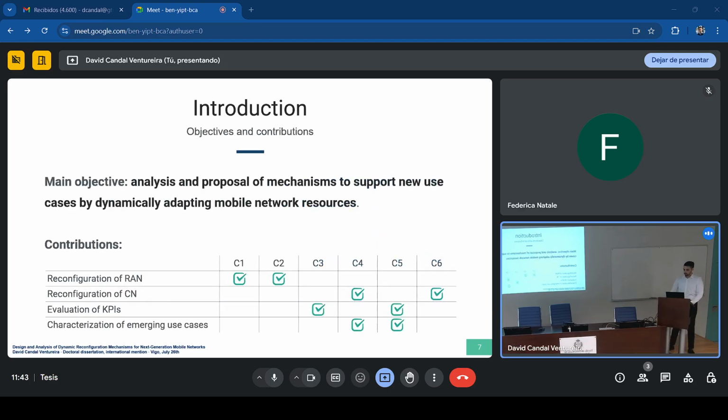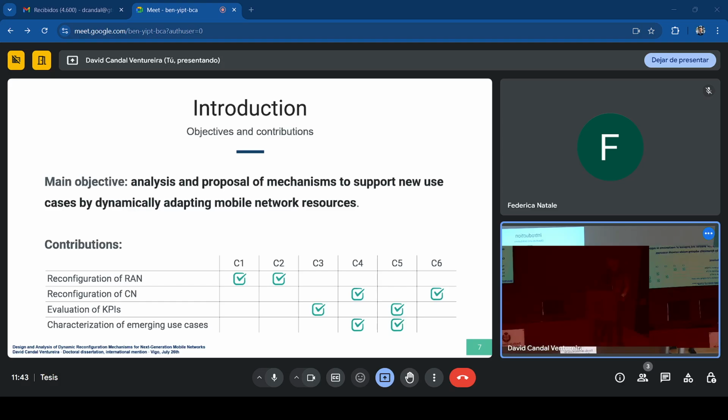The main objective of this thesis is to fill this gap and contribute to the state-of-the-art in mobile network technologies by proposing and analyzing mechanisms that enable 5G and future networks to dynamically adapt their resources in order to support use cases with stringent requirements effectively.